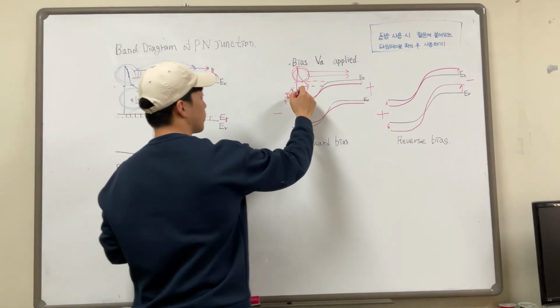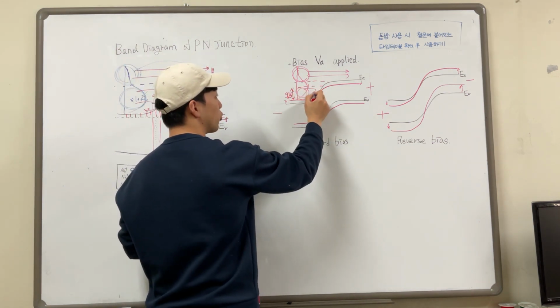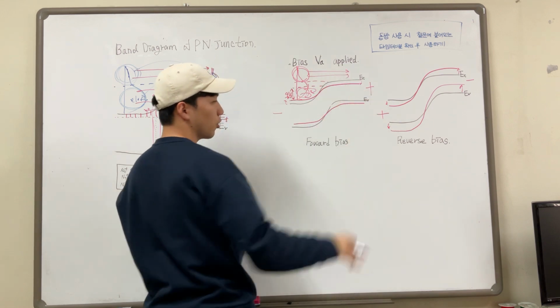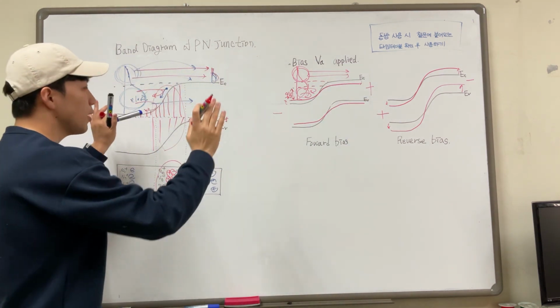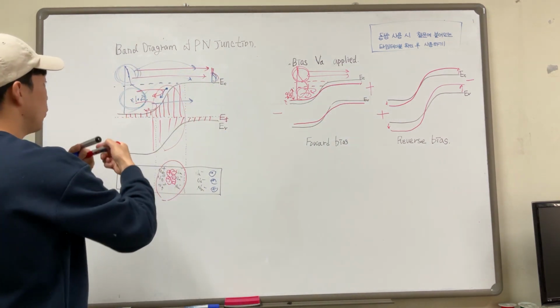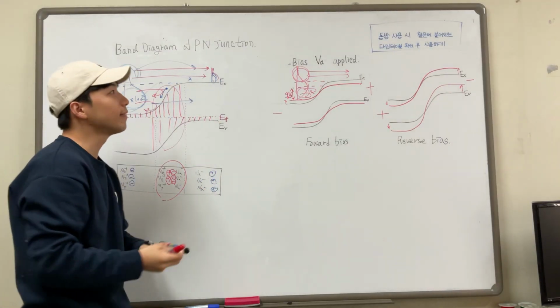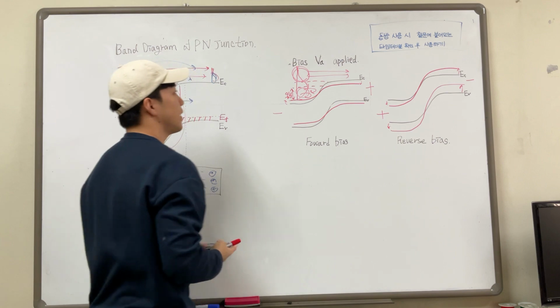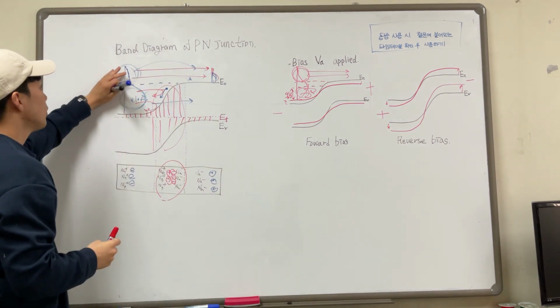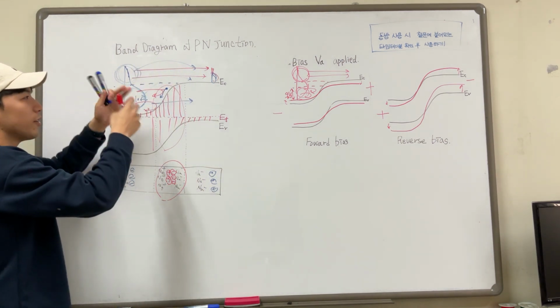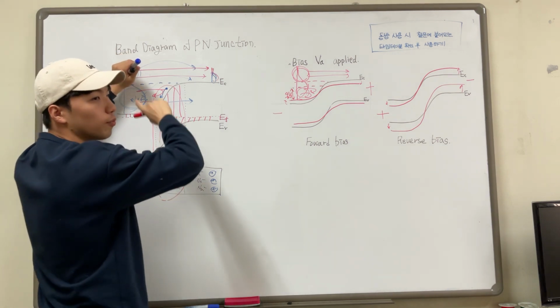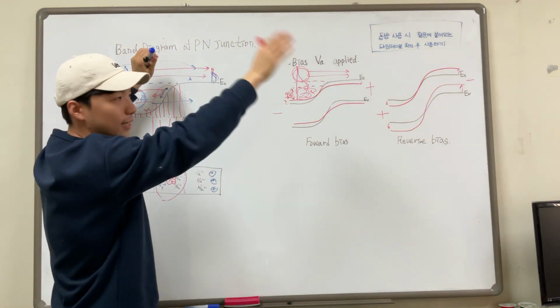But in this position, it is harder to go to the p-type semiconductor. And we will see the difference between the equilibrium state and the forward bias state. This is the easier position to move from the n-type semiconductor to the p-type semiconductor.